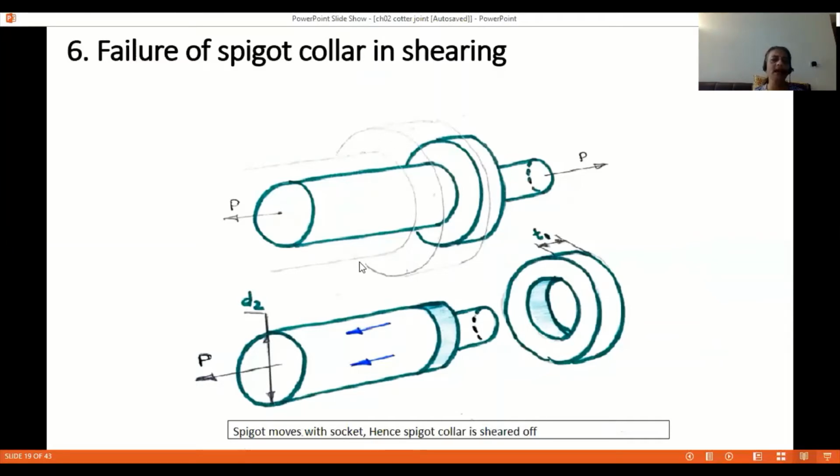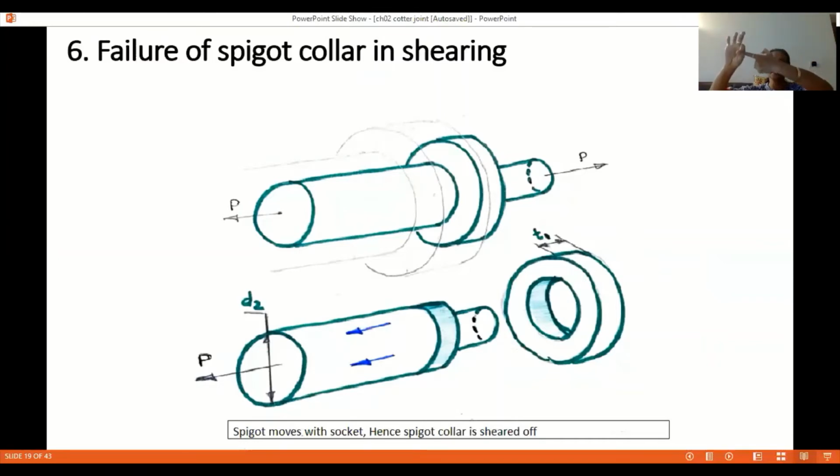It is not allowing the socket and spigot to get separated. And because of the pulling load, the spigot will remain inside the socket and the collar of the spigot will be separated from the spigot and it will be sheared off this way. And students, you can see that it will shear off like this.